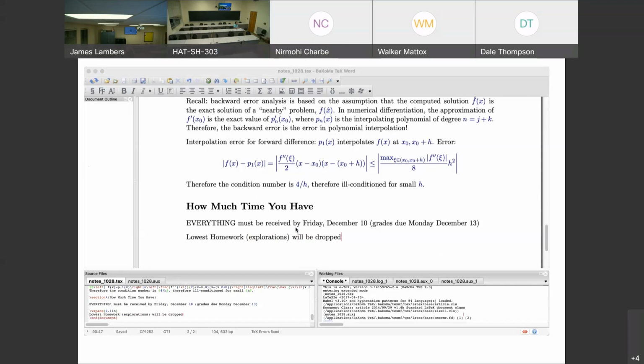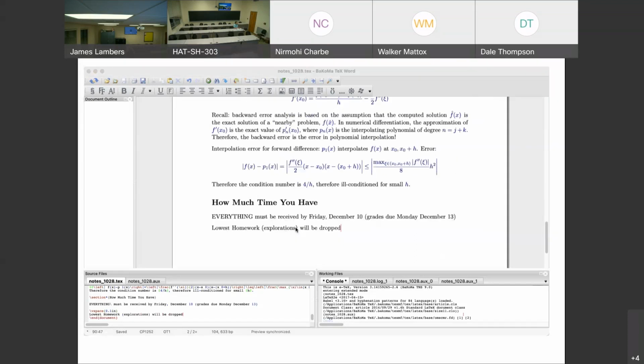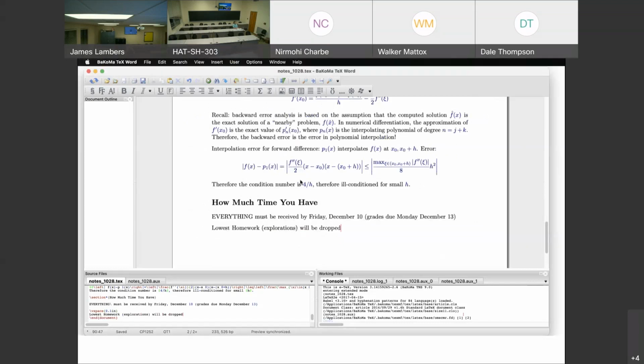Okay, there are 10. So this section right here is homework 6. There are 10 assignments altogether that involve explorations, and I'm not talking about the quizzes. So the lowest one of those will be dropped. So, a little bit less pressure. But all that means that no one does number 10, but that's fine too.